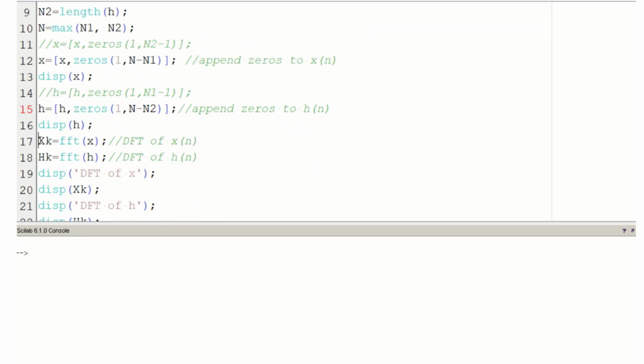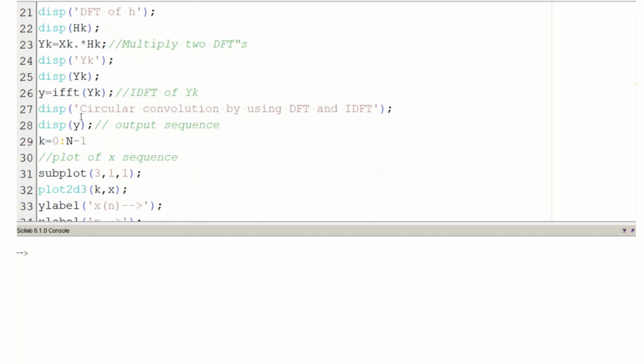Then after, we are going to apply the DFT to the first sequence, that is X, to obtain Xk, and then we are going to apply the DFT or FFT to the sequence H in order to obtain Hk. Then we need to multiply both the sequences so that we can get Yk. Now apply inverse transform to Yk so that we can obtain Y, where this Y is going to be the circularly convolved sequence of X and H.